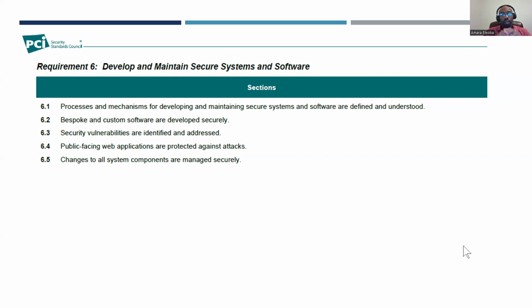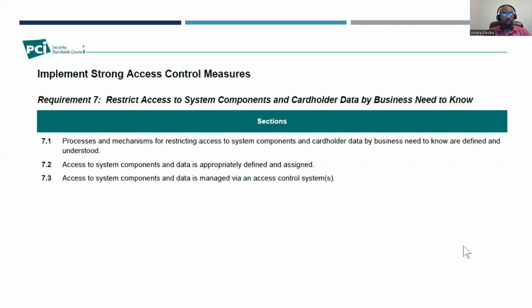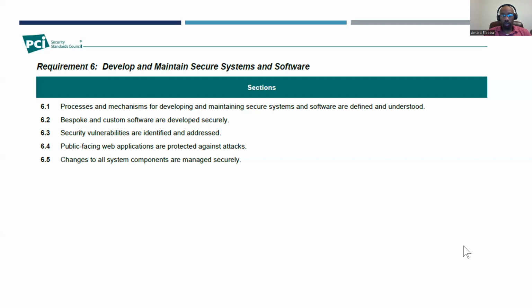6.5 talks about changes to all system components. We want to make sure that they are managed securely. And that goes back to change management controls. If you do not have a good change management control in place, your organization will fail this requirement 6.5.